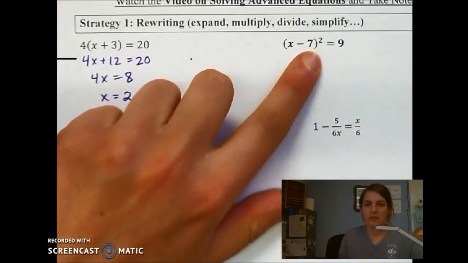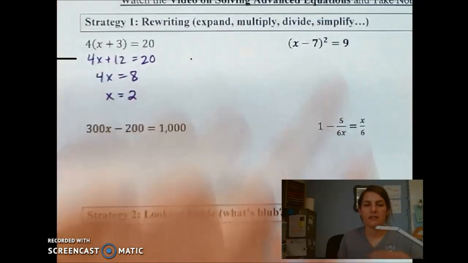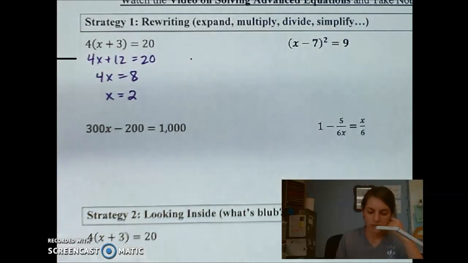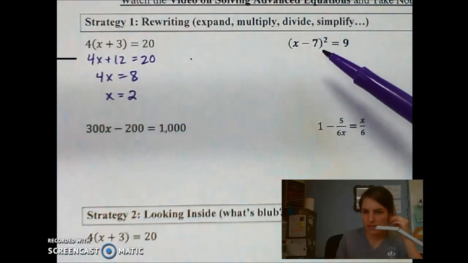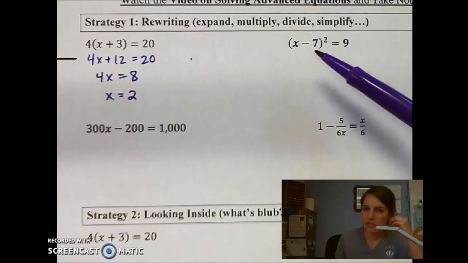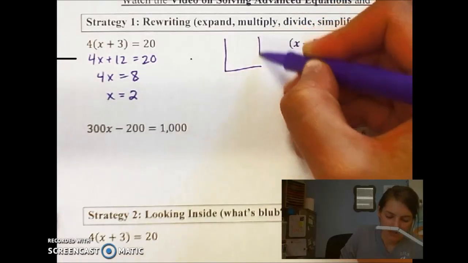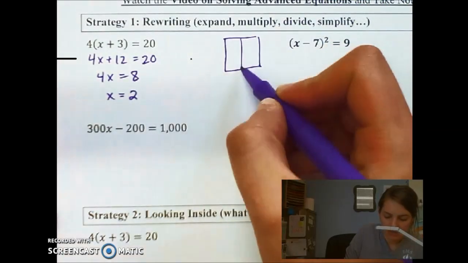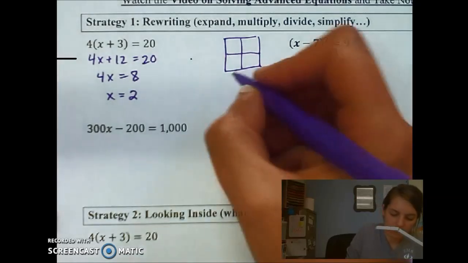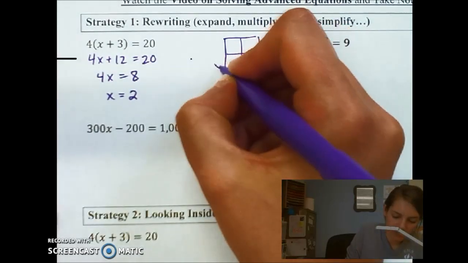The next example is a quadratic. So to rewrite this would mean to actually square the x minus 7 by writing it out as a sum instead of a product. So we could use a generic rectangle to multiply x minus 7 times x minus 7.